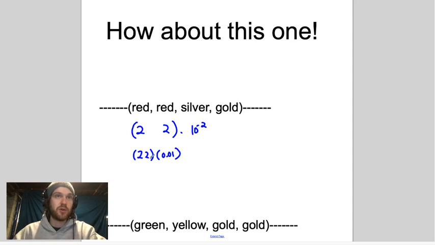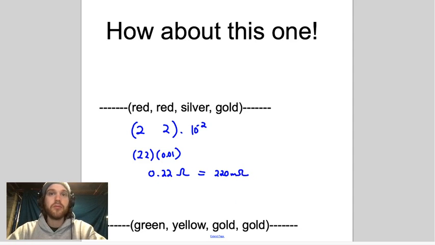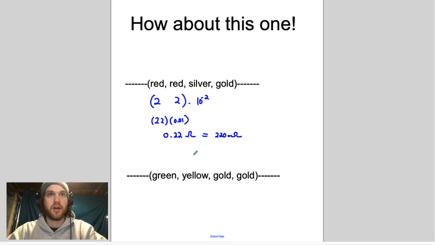So you move the decimal place over 2 places, okay? This is 0.22 ohms. Okay, how do we write that in terms of a smaller unit? Looks like we're having it in decimals here. We could go down to something smaller, like milliohms, if you wanted to. So multiply by 1,000. That would be 220 milliohms. Not a whole heck of a lot of resistance there.